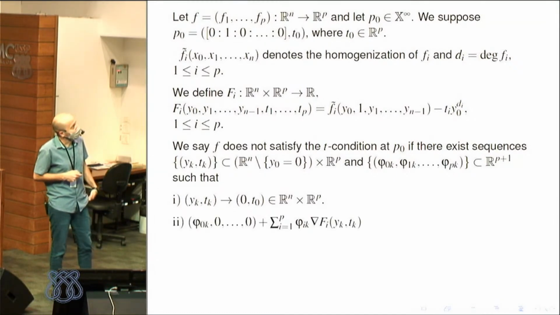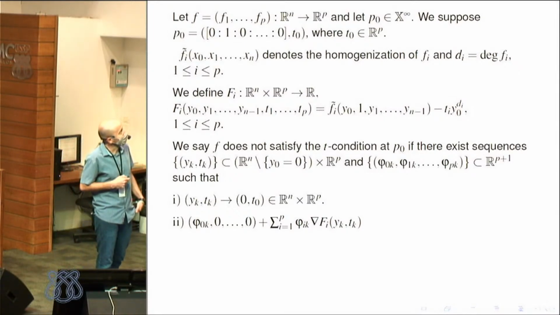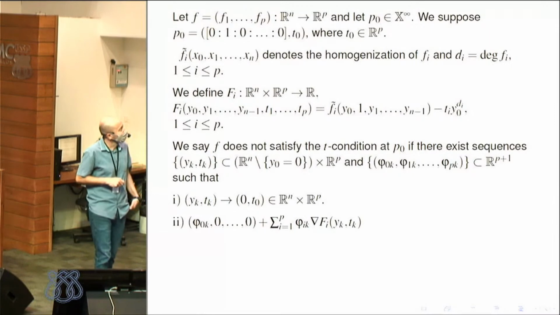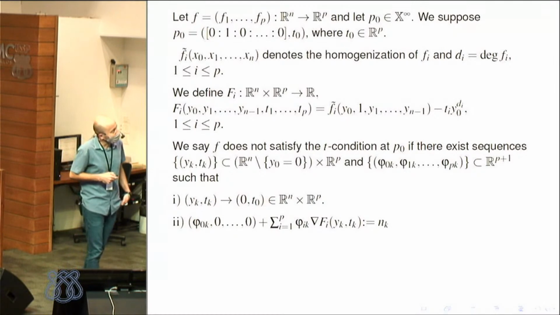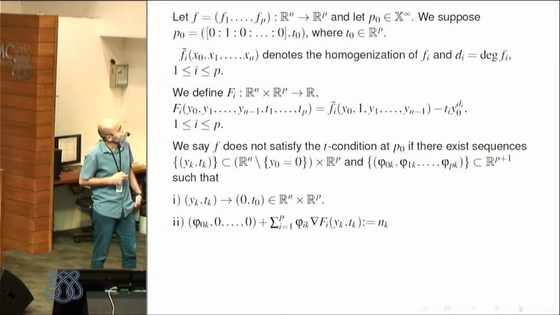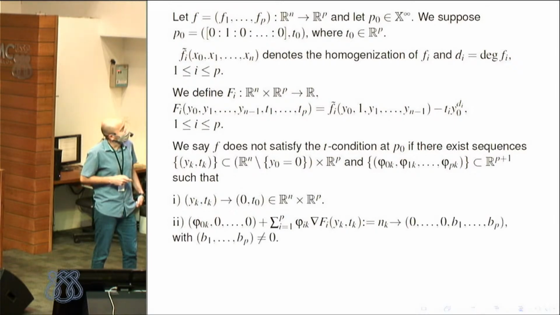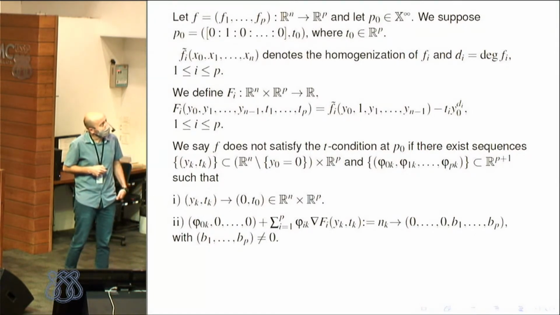And if you take this combination, here is just the gradient of Fi. Here we put y0 in the first coordinate of this vector. This is a vector nk, which is a vector in Rn times Rp. And this limit converges to one vector as follows, with 0, 0.